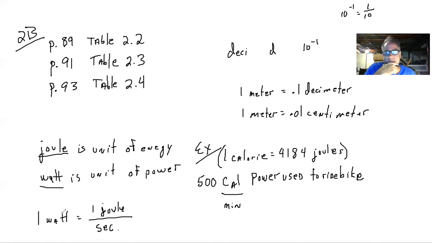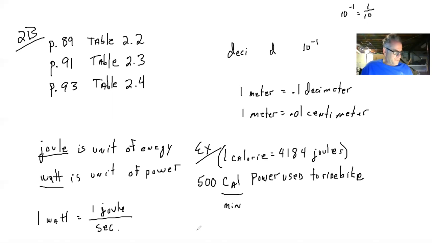And since I need to know if I am generating enough to power this 100 watt bulb, I need to get this to joules per second. So this is kind of like doing the feet per second that I initially did today to get it to miles per hour. I'm going to do the same kind of unit conversion where I carefully make sure my units cancel out.